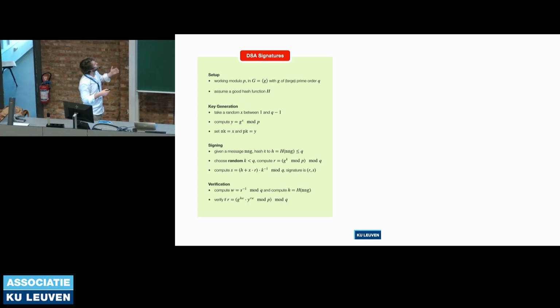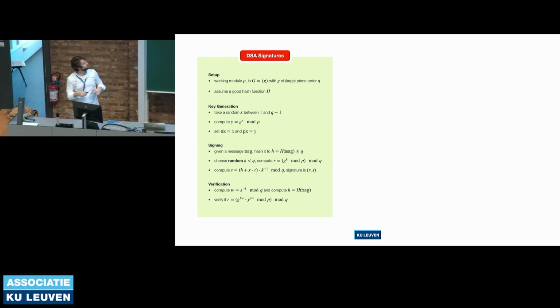For verification, you reverse these computations, but with the information that you have. So W is going to be the inverse of this S, which everybody can compute with the public information. You also compute the hash of this message. And then you verify that R is equal to this sum on the right over here. You can actually work that out.